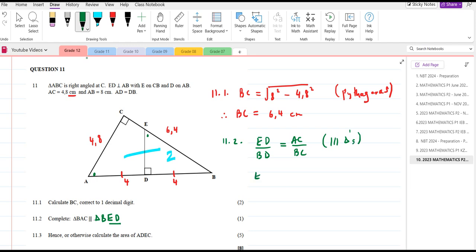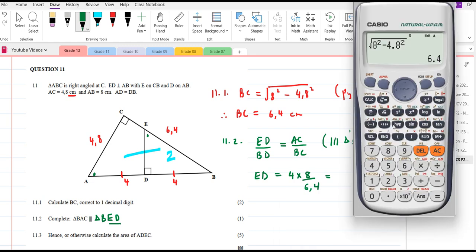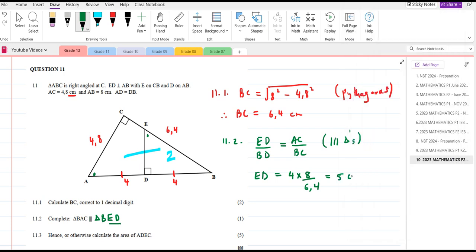So ED is equal to BD, which is 4, times AC, which is 8 over BC, which was 6.4. I've got an answer of 5. Perfect. That's 5 centimeters now.